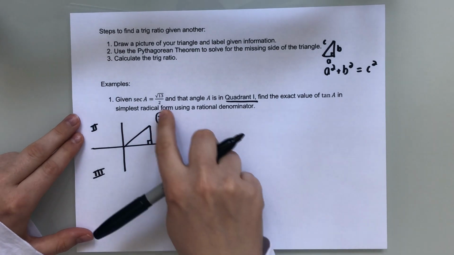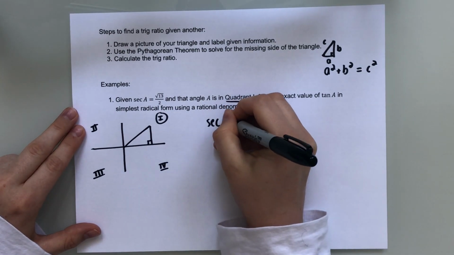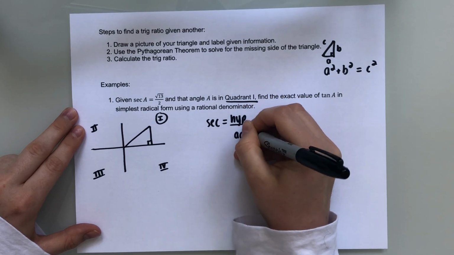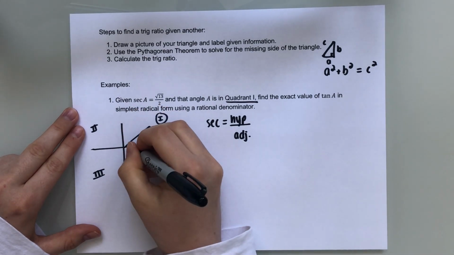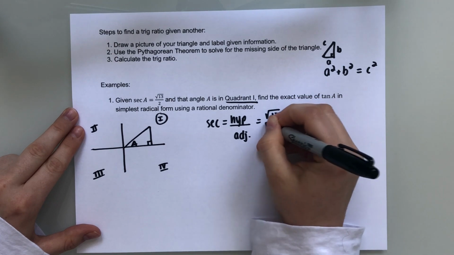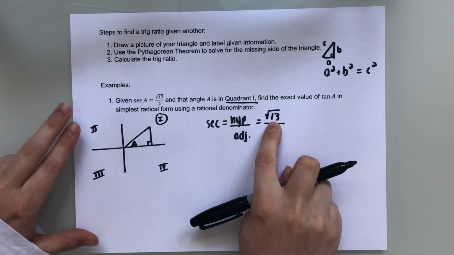If we think about secant, we just talked about the secant function. Secant equals hypotenuse over adjacent. Our problem told us that our secant of angle A, in this case, equals square root of 13 over 2. So the hypotenuse is square root 13.